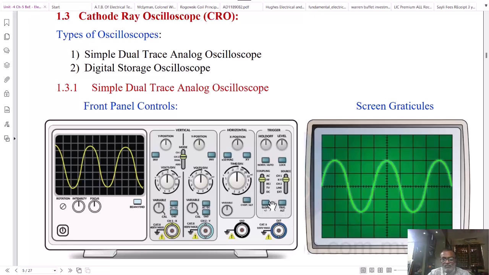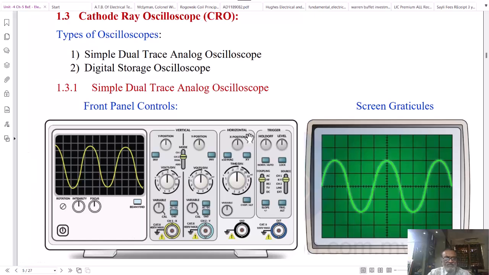Whereas there are two buttons, slope control and alternate triggering. This slope control decides whether the triggering is done on positive slope or negative slope. And alternate triggering means the triggering can be synchronizing the waveform from the two channels.